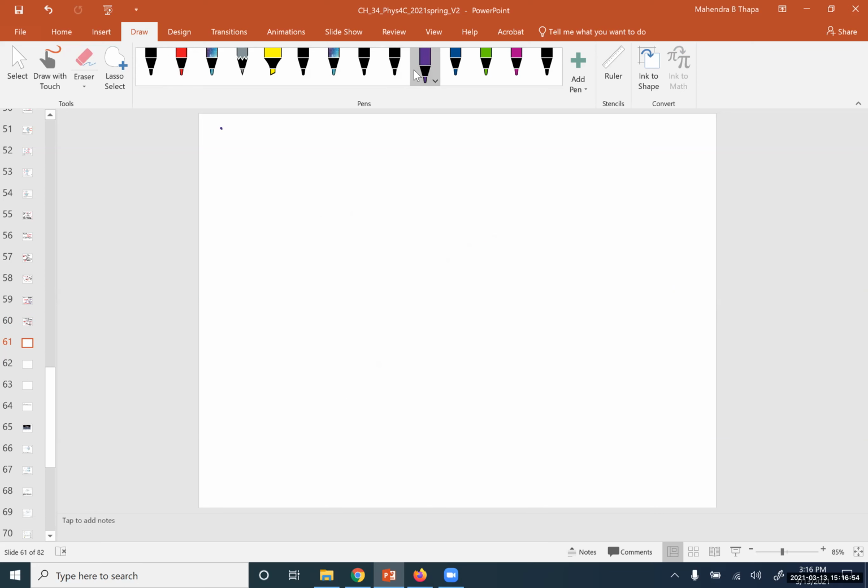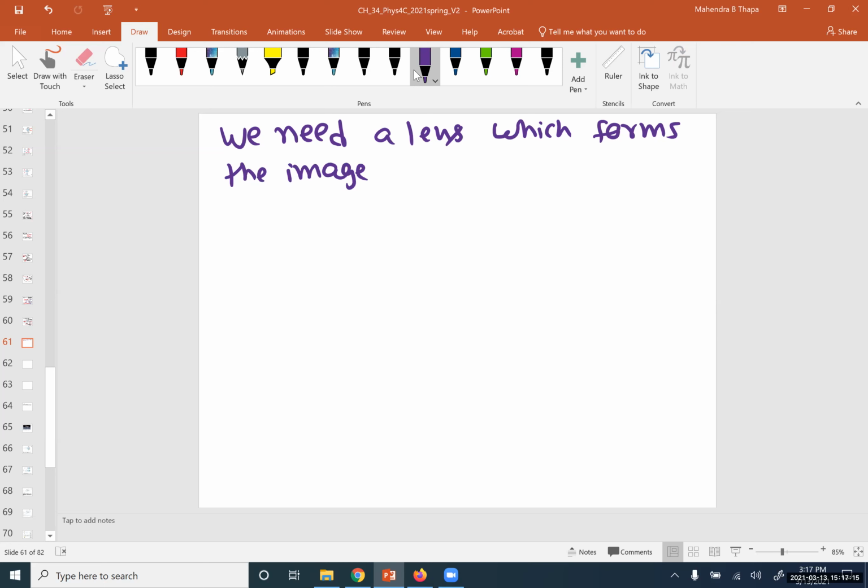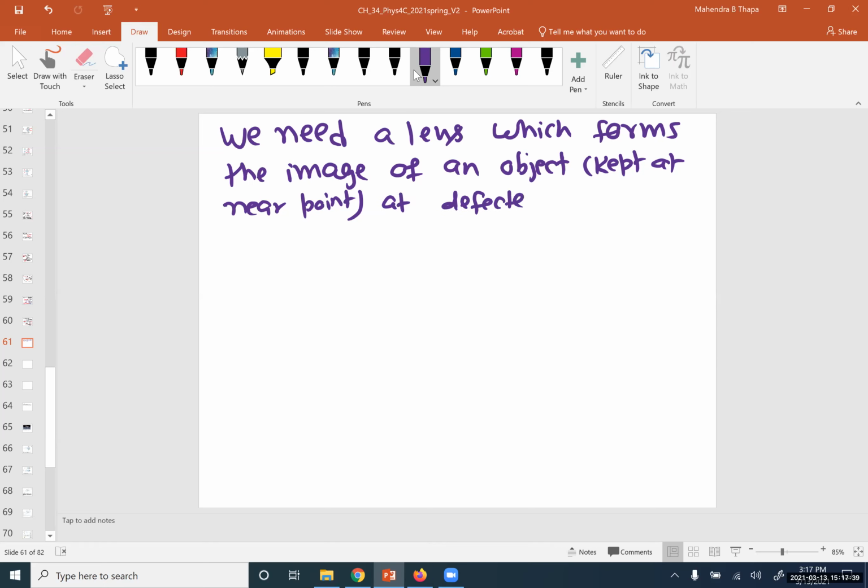So let's say we need a lens which forms the image of an object kept at the near point at the defected near point. What does it mean?